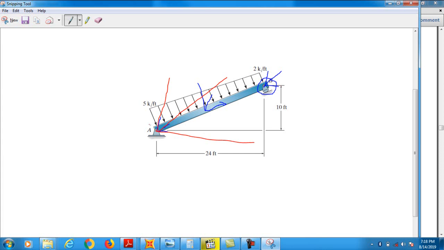These axes are constant. Clear? But the local axis, you can change, you can rotate, you can do anything you want.